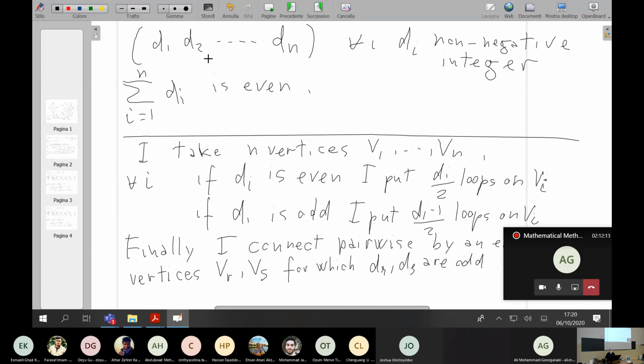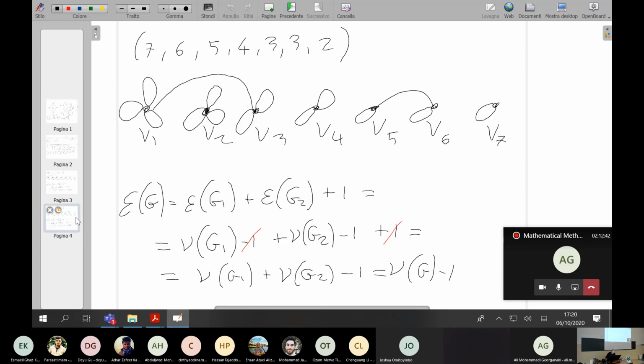There is an even number of di which are odd, okay? And so I can connect them pairwise. I connect the first odd with the next odd, and then the next odd with the next odd, and so on and so forth. This is the general rule I use as a procedure.